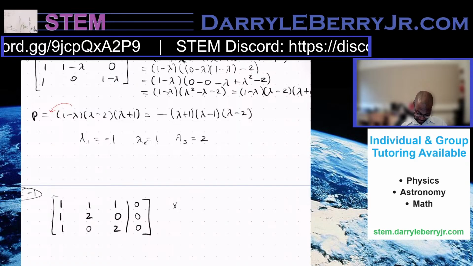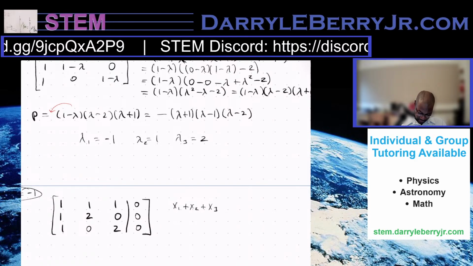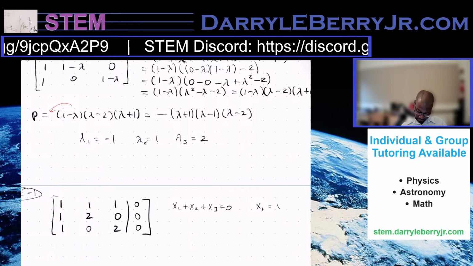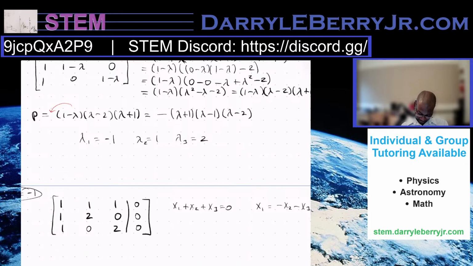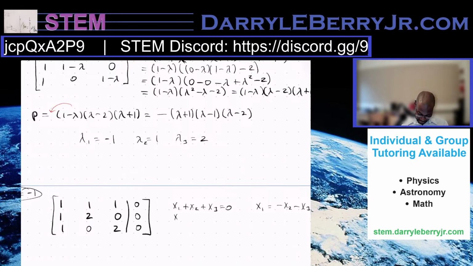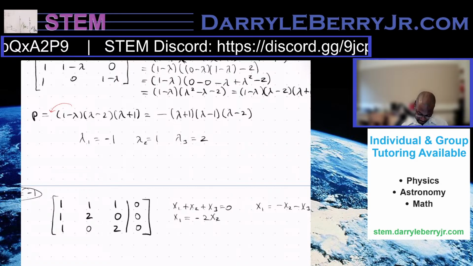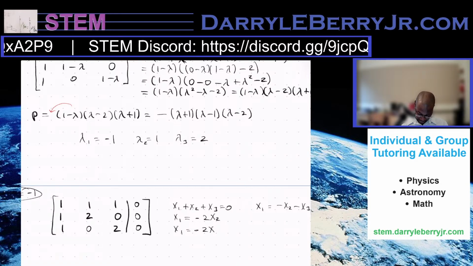So we can say x1 plus x2 plus x3 equals 0. So x1 equals negative x2 minus x3. We can say that x1 equals negative 2x2 and x1 equals negative 2x3.